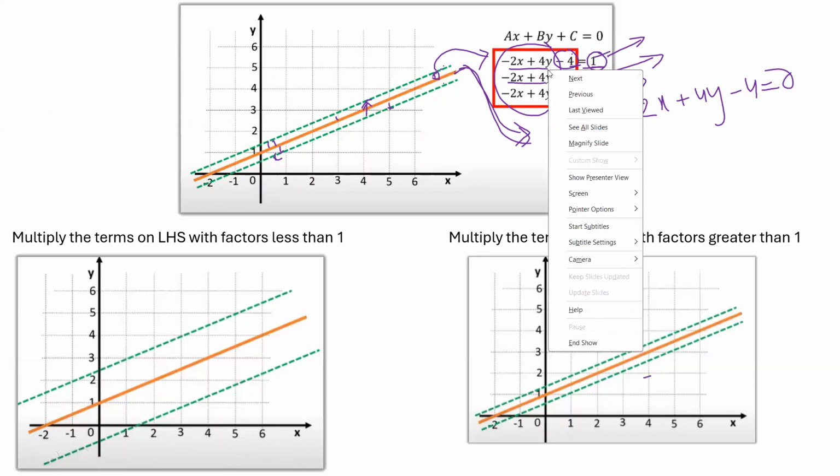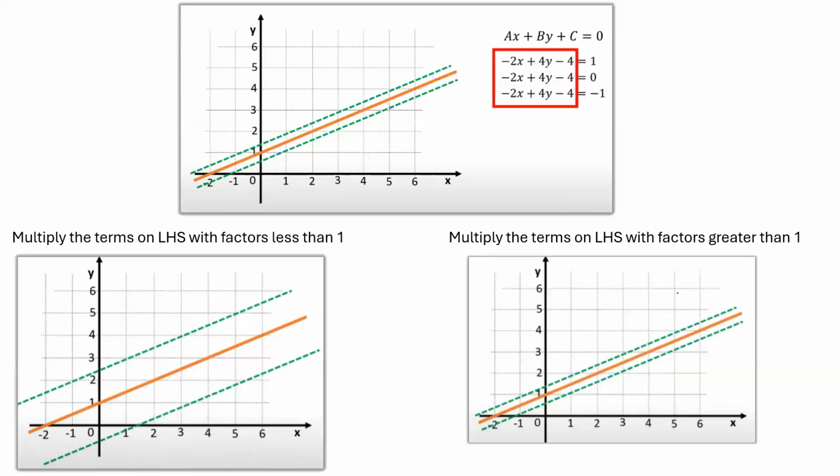Let me represent these lines in y equal to mx plus c format, so you'll understand it effectively. If I convert this to y equal to mx plus c, y is equal to minus 2x by 4 plus 4 by 4, right? So this becomes y is equal to 2x by 4 plus 5 by 4. This is this line.